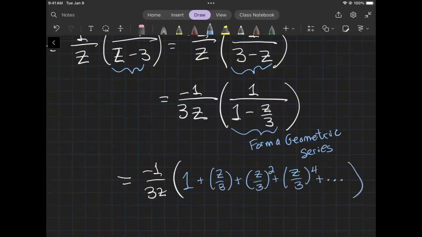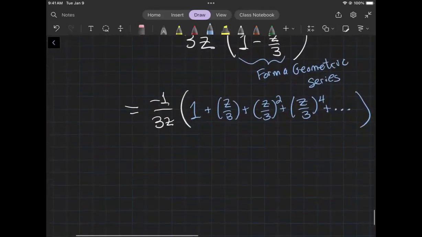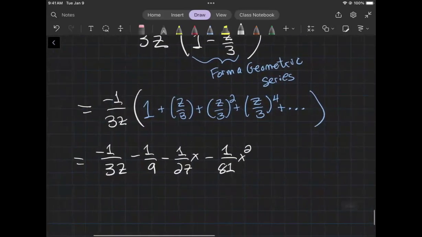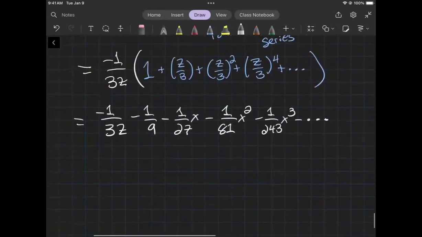So this would equal minus 1 over 3z, minus 1/9, minus 1/27 z, minus 1 over 81 z squared, minus 1 over 243 z cubed, minus, and this keeps going.